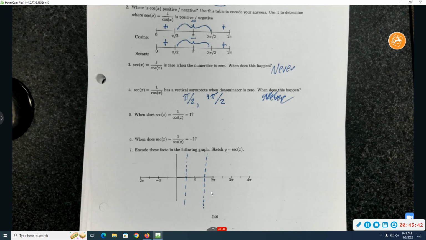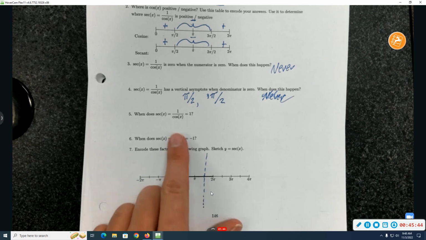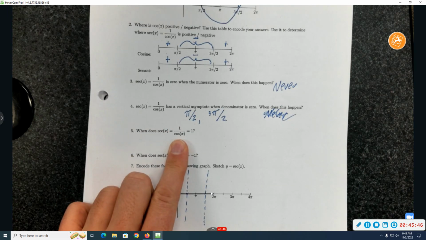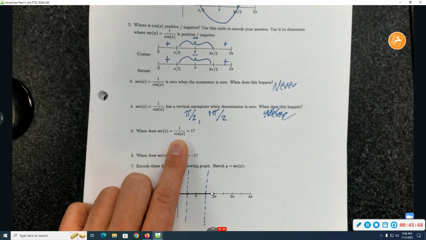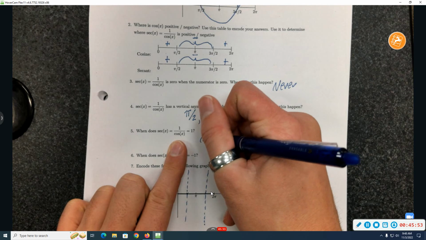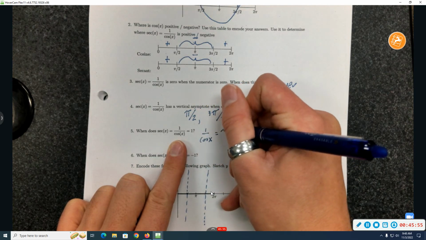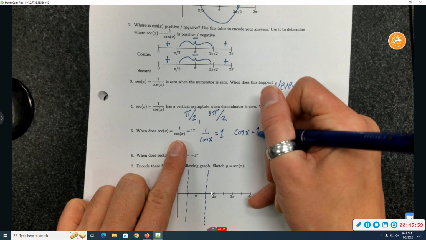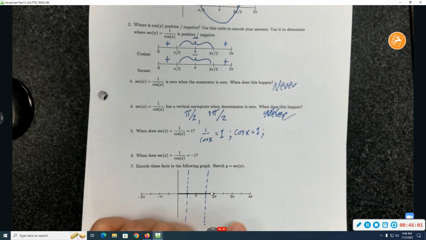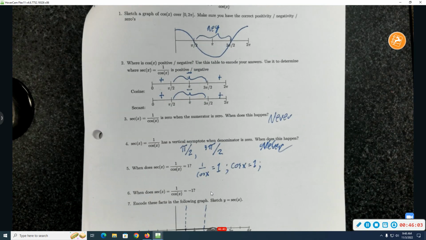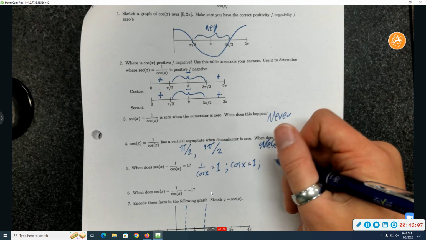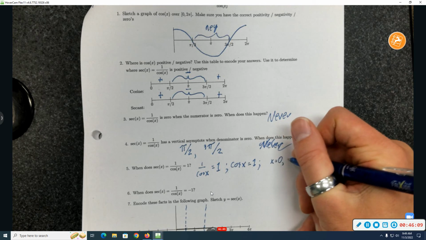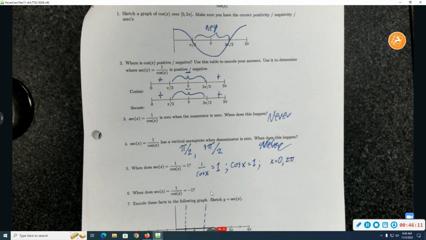So when is secant equal to 1 over cosine equal to 1? When cosine equals 1. Very good. And when is cosine equal to 1? 0, 2 pi.